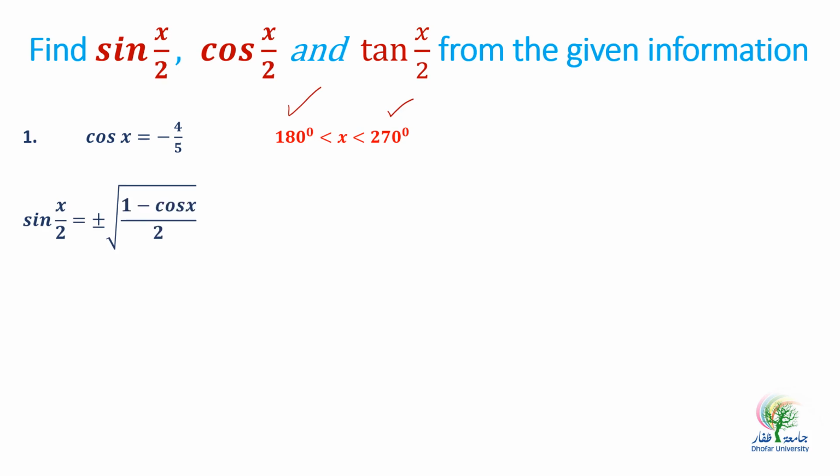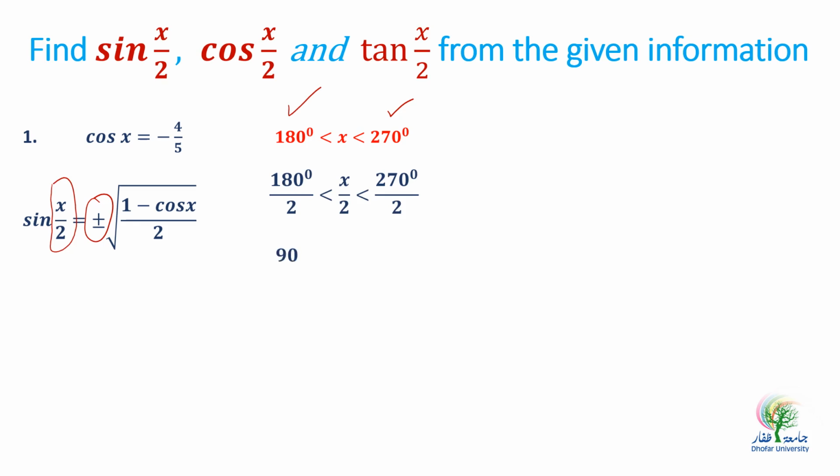So to find sine x by 2, you know this is the formula, plus minus square root of 1 minus cosine x by 2. I'll choose plus or minus, it depends on where x by 2 is. So first I have to find x by 2. So 180 by 2, x by 2, and 270 by 2.